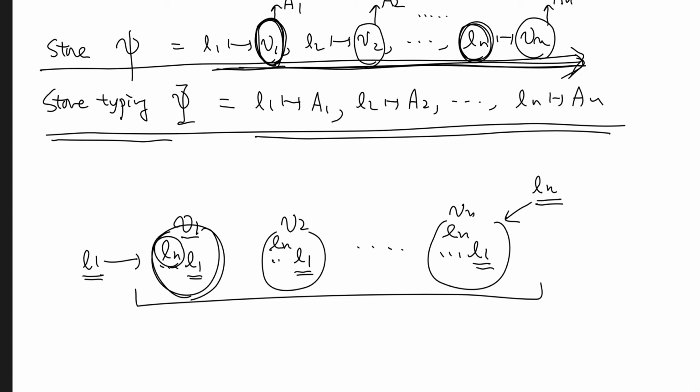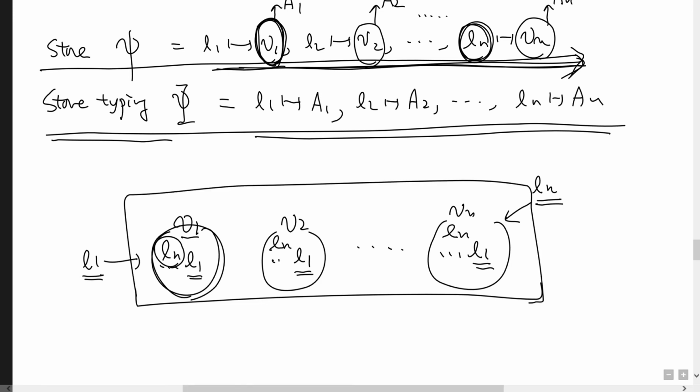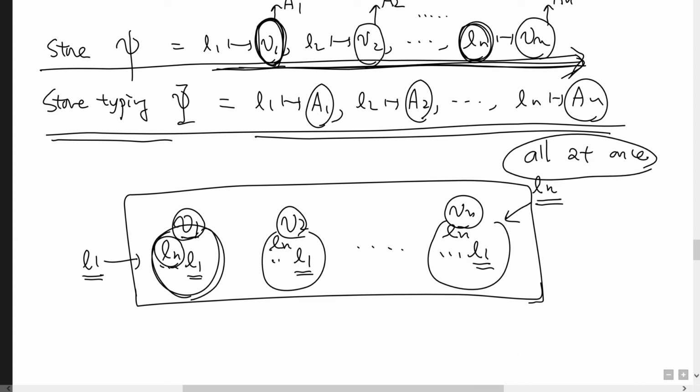Because of the potential mutual references inside all these values, we have to calculate all these types A1, A2 through An all at once. That's what our intuition says about how to calculate the store typing capital psi from store psi.